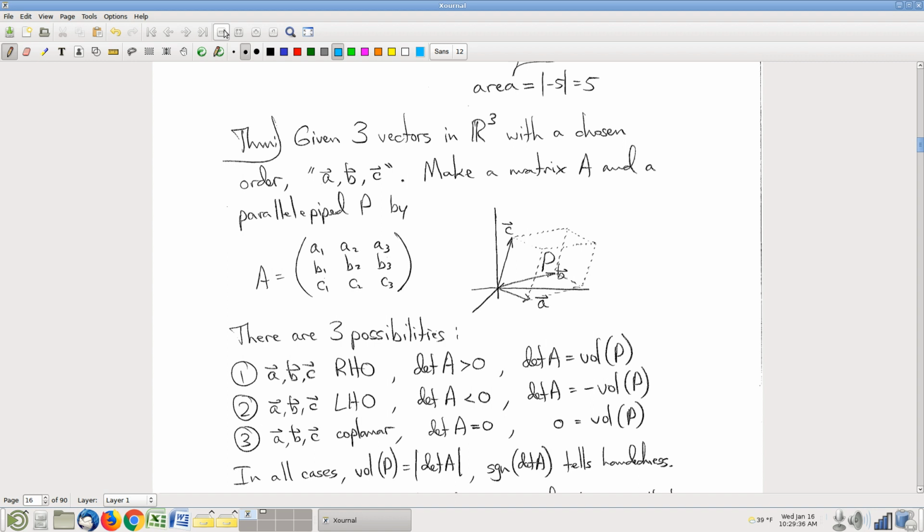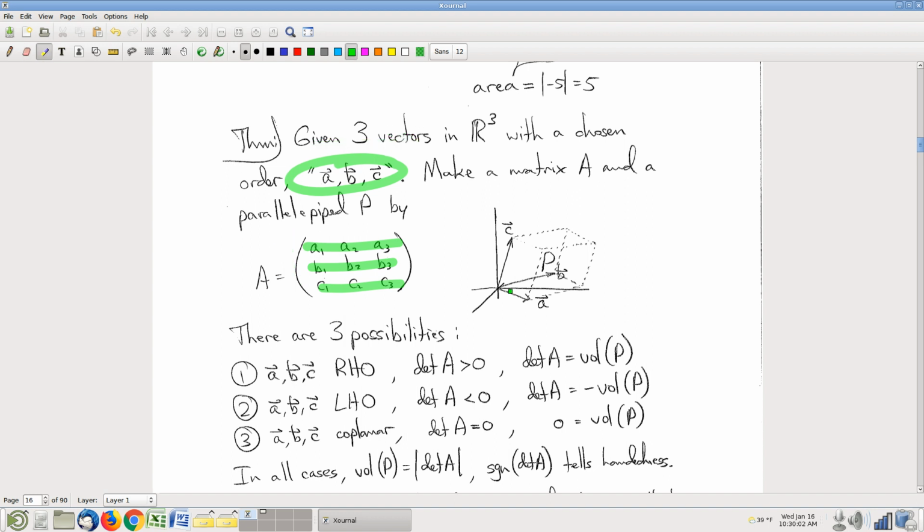So if you have, let's see if I can remember the colors we used. Yeah, I forgot. Okay, no problem. We'll just use different colors. Here's 3 vectors, A, B, C, out of which you can make a matrix. Make sure to respect the order, right? Whatever order they're written down, that's the order that you list them as rows.